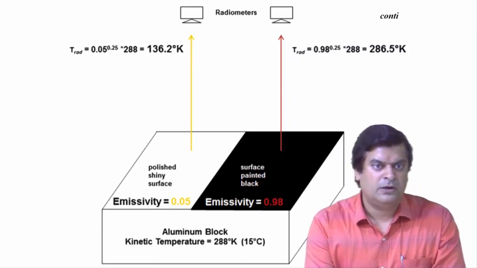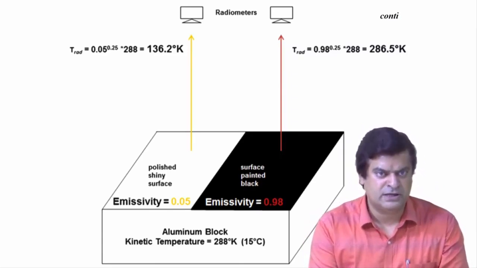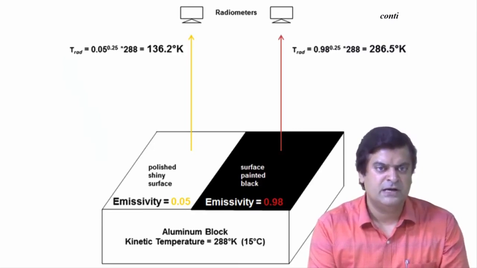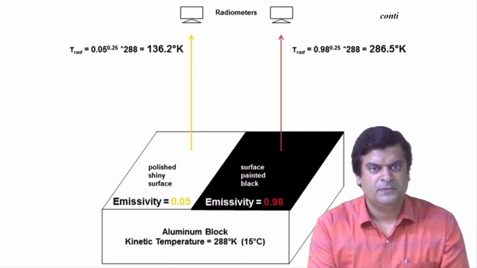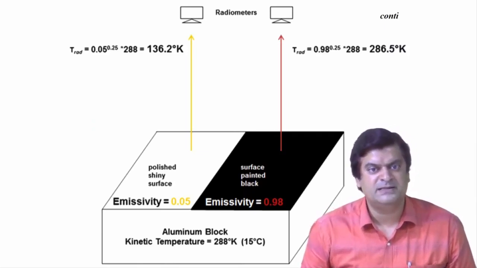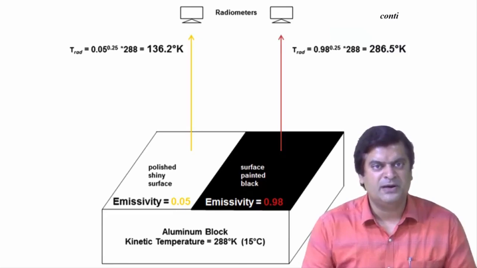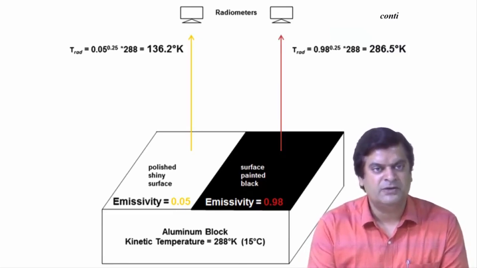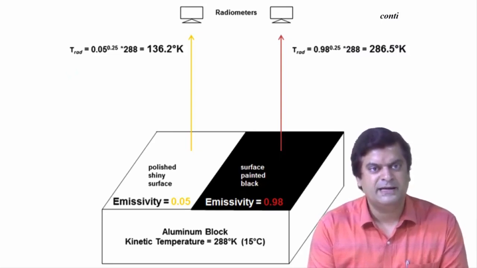Here you can see that for the metallic, shiny surface, the emissivity is approximately 0.05. But for the surface painted with black carbon particles, the emissivity is approximately 0.98. Now if you put these in the formula to calculate the radiant temperature, as we know, the radiant temperature will be the 1 by 4th power of the emissivity multiplied by the kinetic temperature.